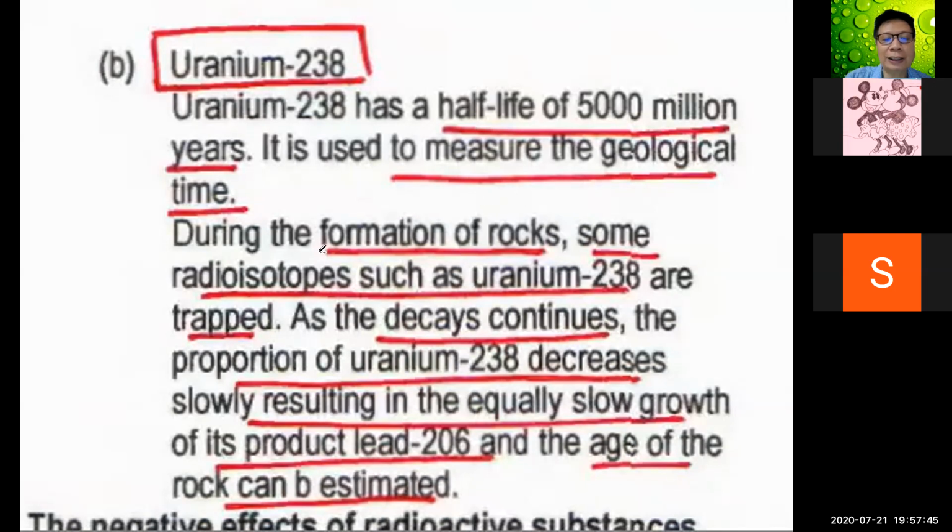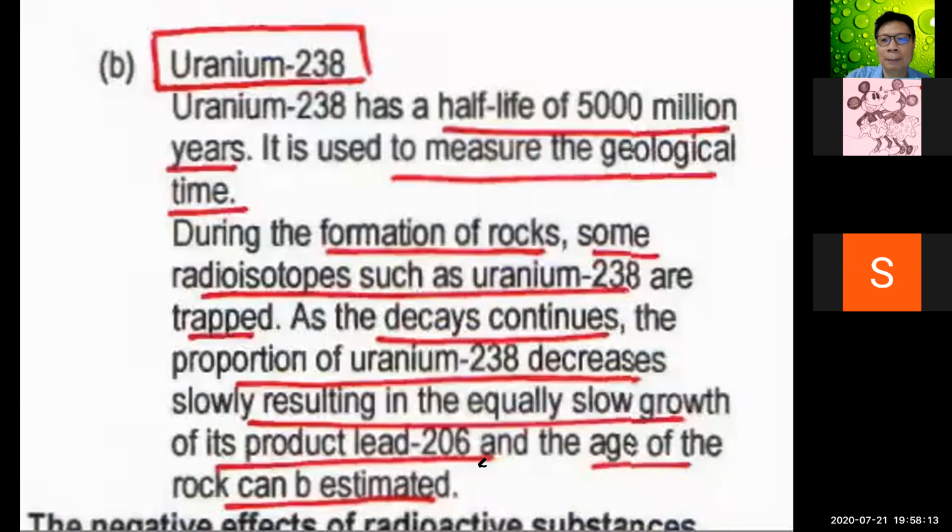Some radioisotopes, such as uranium, are trapped inside the rock. As the decay continues, the proportion of uranium-238 decreases slowly, resulting in the equally slow growth of its product, lead. When it decays, it will become lead-206, and the age of the rock can be estimated.